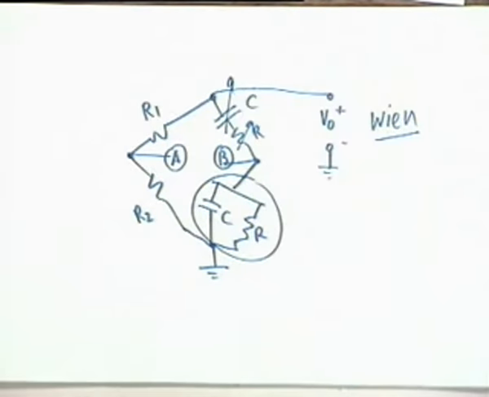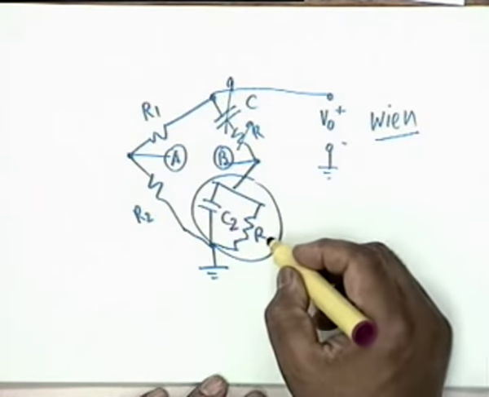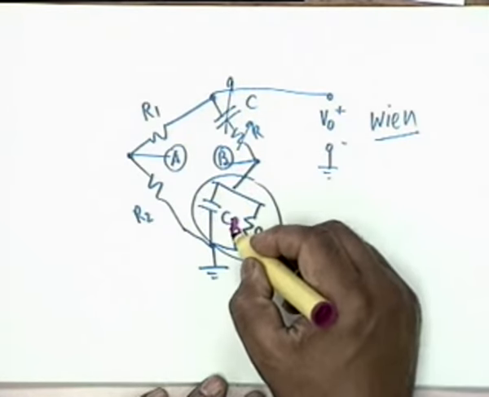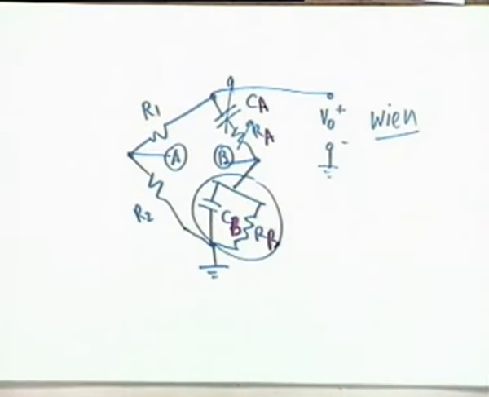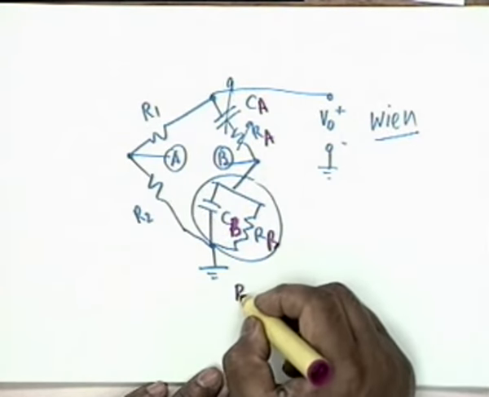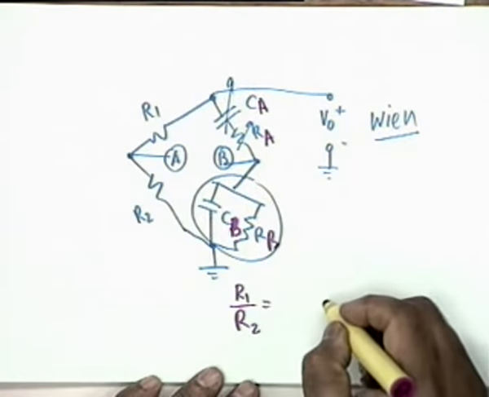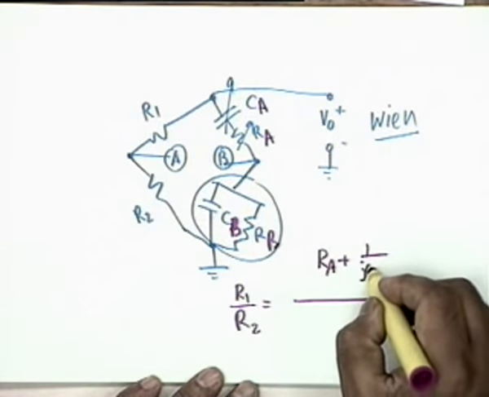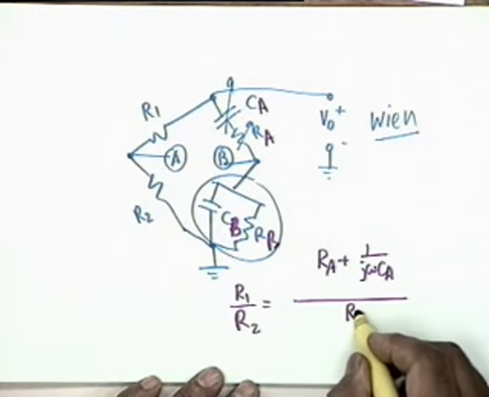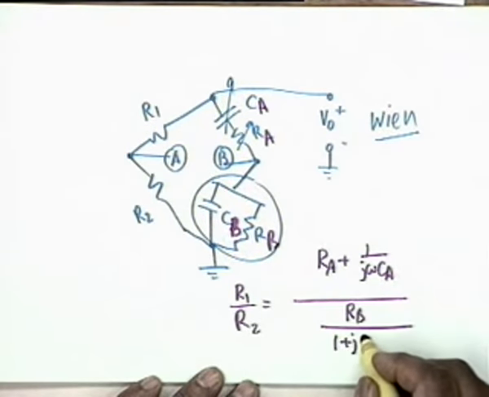Obviously you cannot make them equal, so let us say this is CB and RB and this is CA and RA. You can find out the conditions under which the bridge would be balanced. The condition would be R1 by R2 should be equal to RA plus 1 over j omega CA divided by RB divided by 1 plus j omega CB RB.